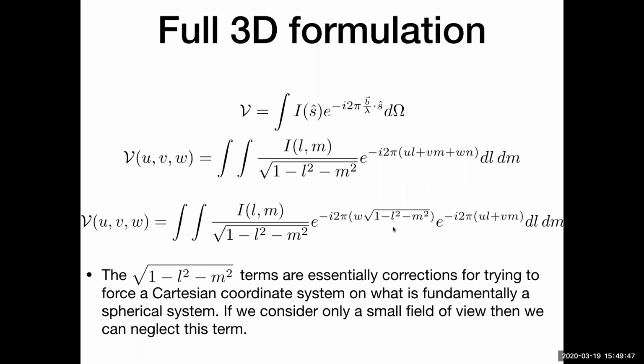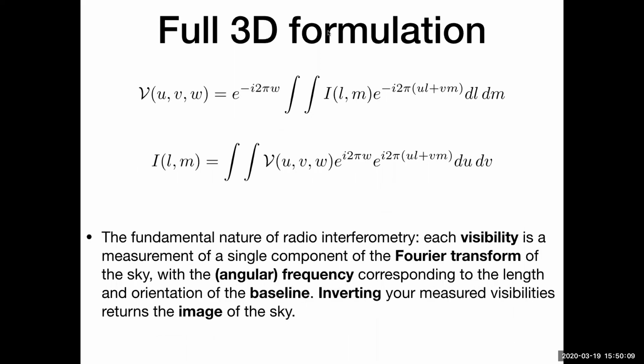Fundamentally, as long as we keep our field of view reasonably limited, then we can do this mathematically. When your field of view starts getting quite large chunks of the sky, to the point where spherical projection effects start to matter, then things start to break. So we do this, and we can drop the square root term, pull this w outside of the integral, and this is basically a 2D Fourier transform.